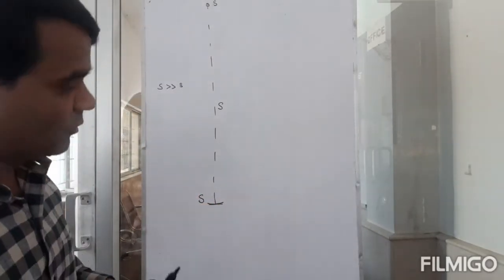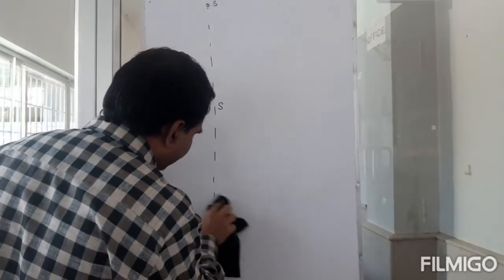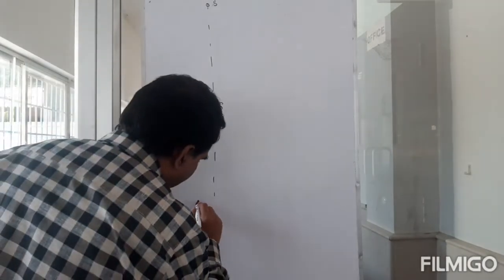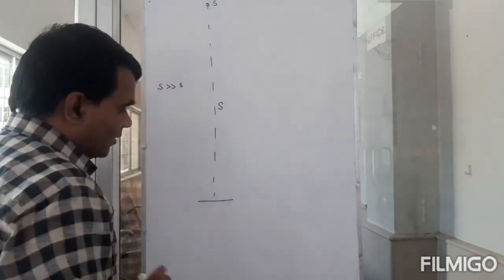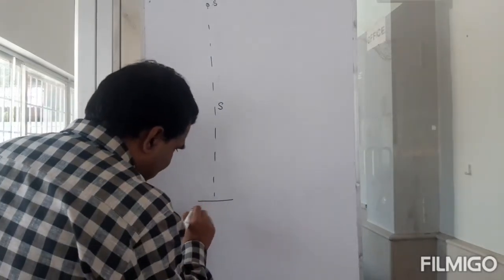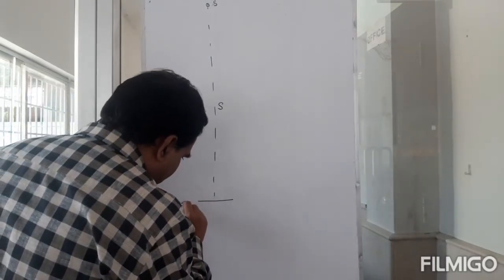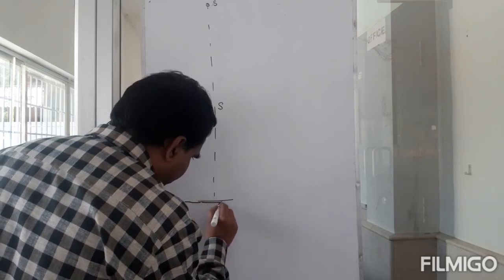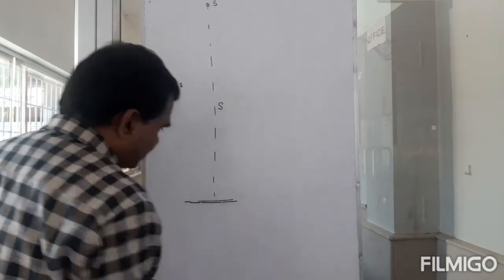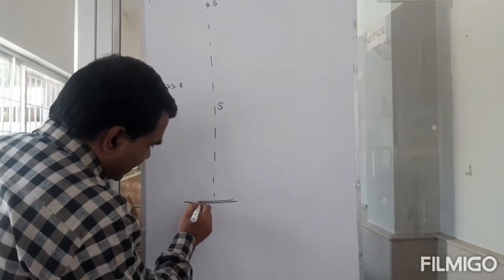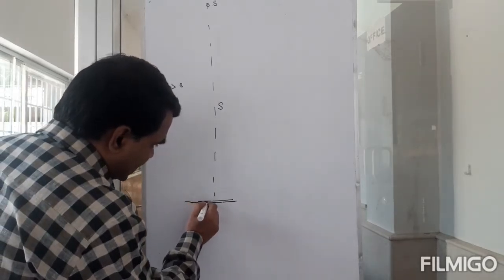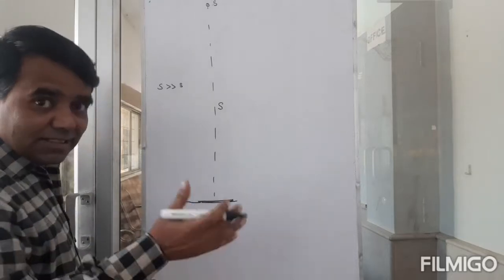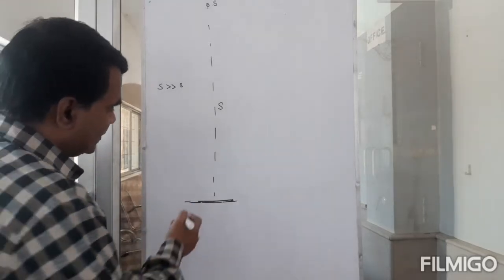So now, if I take a plane wave and send it through a very small opening, notice that once the plane wave hits here, this is going to become a secondary source.